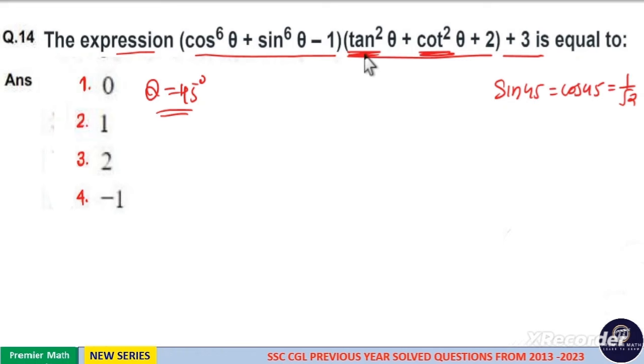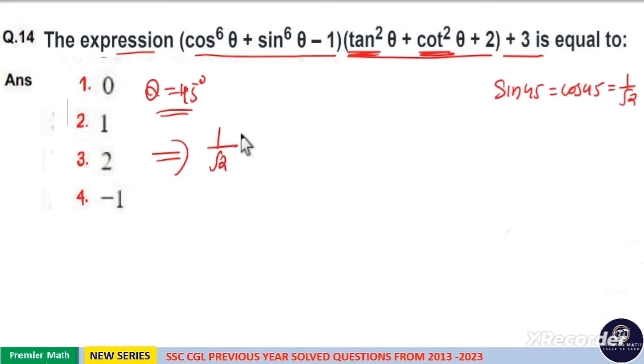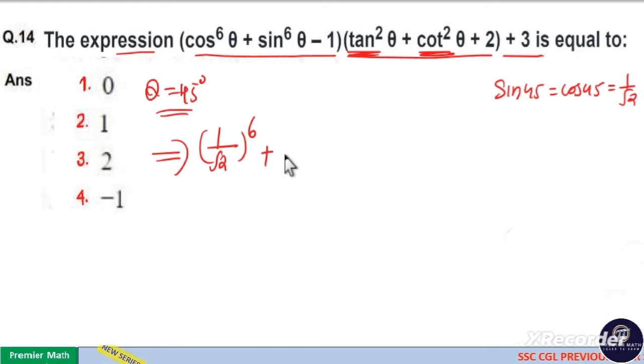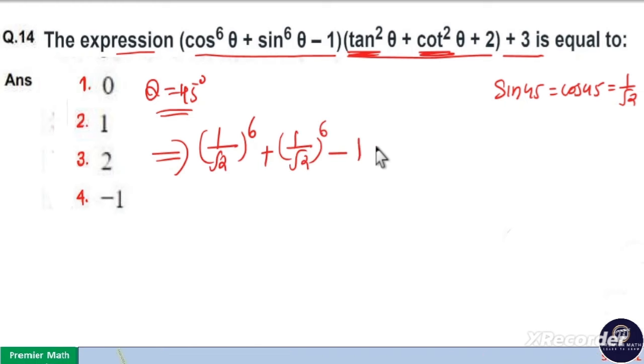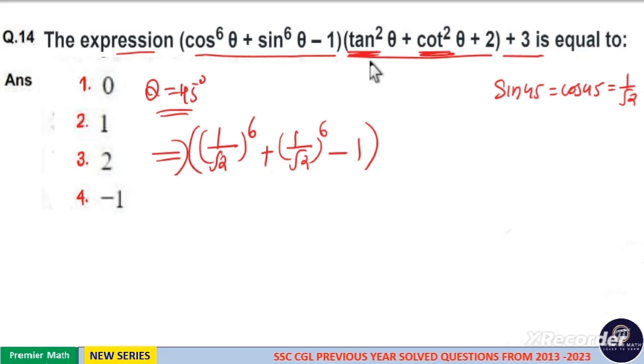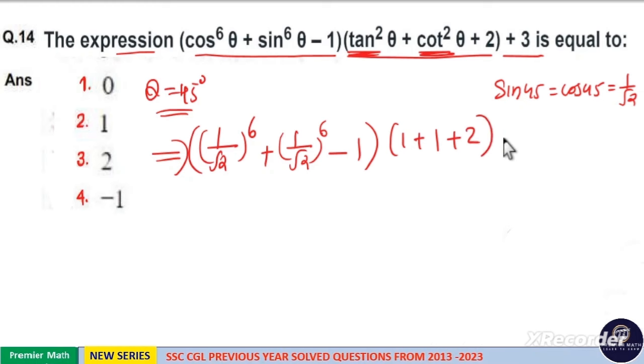And tan 45 is 1, which means cot 45, which is 1 by tan, is also equal to 1. So, this term will become cos raised to 6 theta means 1 by root 2 raised to 6 plus sin raised to 6 theta is 1 by root 2 raised to 6 minus 1. Remaining is tan square 45 is 1, cot square 45 is also 1, remaining plus 2 and plus 3.